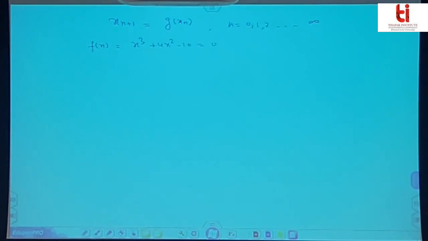So first of all, we'll find out in which interval the root exists. So f(0) is coming out to be minus 10. Now we are applying the intermediate value theorem.